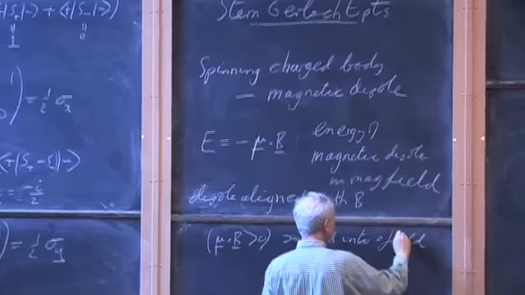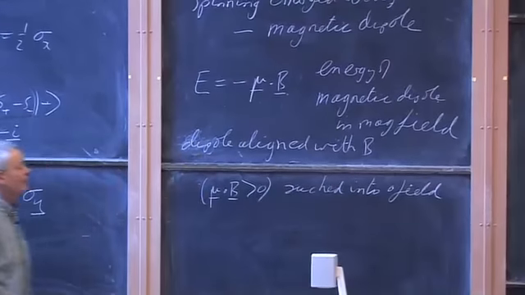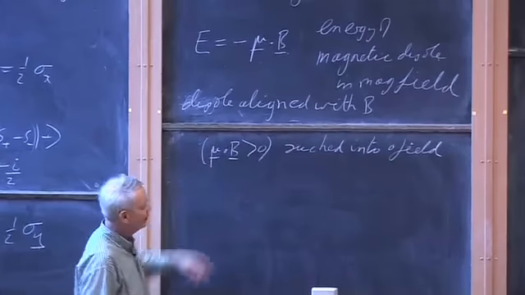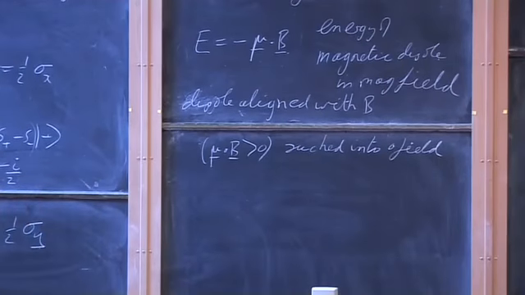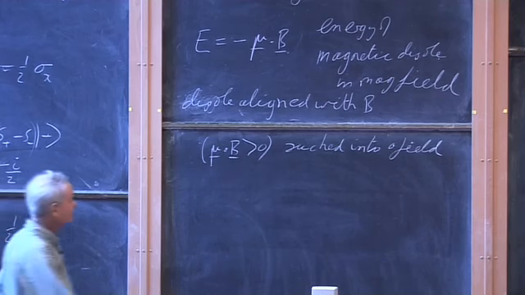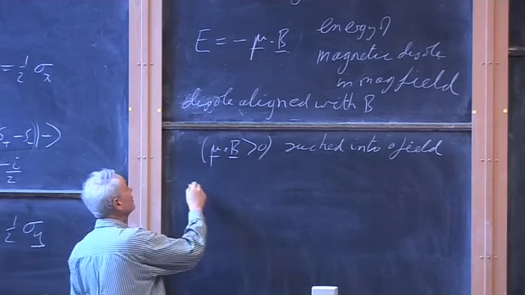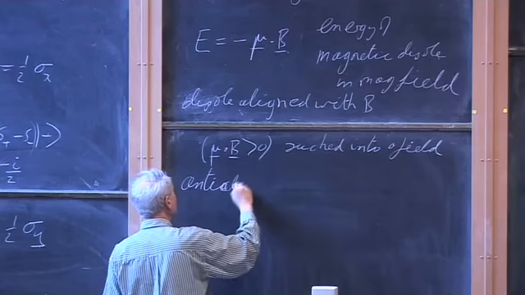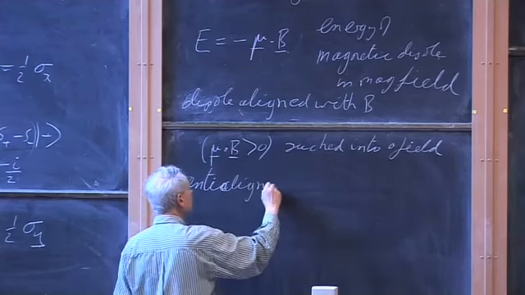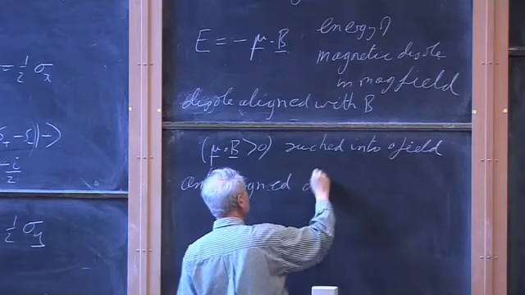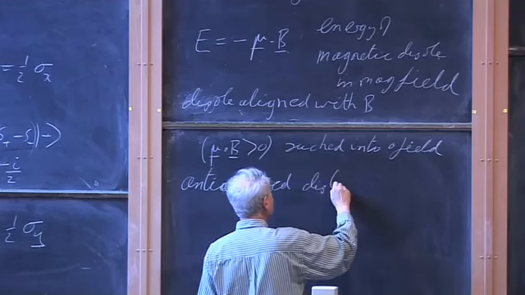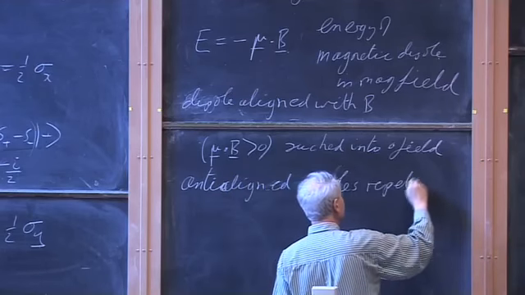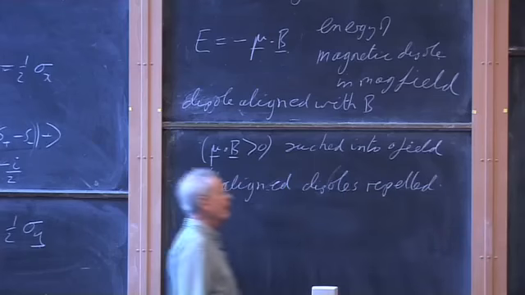So if the field strength varies spatially, which it often does, the particles which have their dipoles aligned will be sucked into B, and similarly the other ones will be repelled. So the anti-aligned dipoles will be repelled from a region of high B.